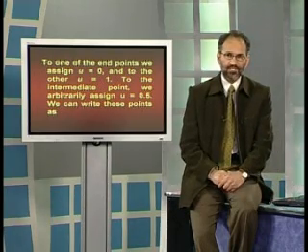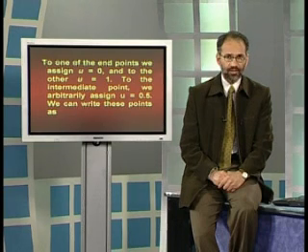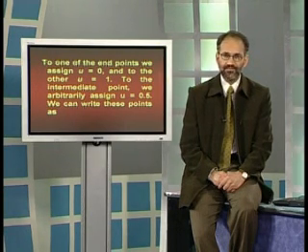To one of the endpoints, we assign u is equal to 0, which is also a valid value. To the other, we assign u is equal to 1. On the other end, we have another valid value, because u can take up values between the range 0 to 1.